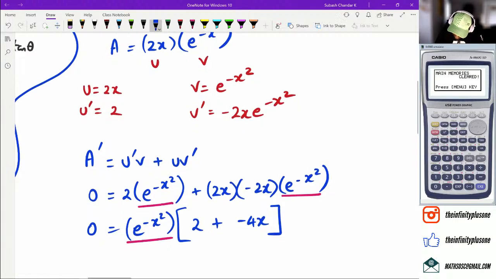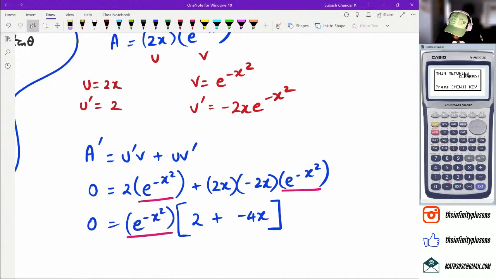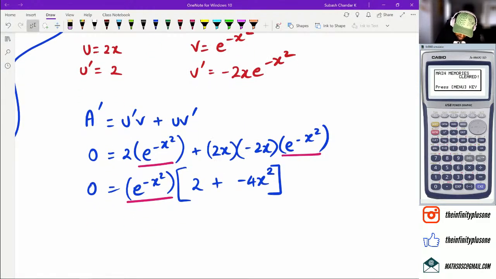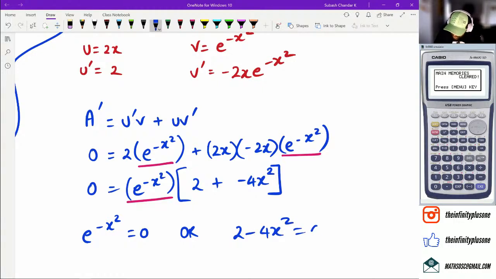Cool. Actually, yeah, you're right. My bad. That was my mistake. There we go. Minus 4x squared. Thank you for that. Cool. So once we get this, at this point, we can say e to the power of negative x squared is equal to 0, or 2 minus 4x squared is equal to 0.